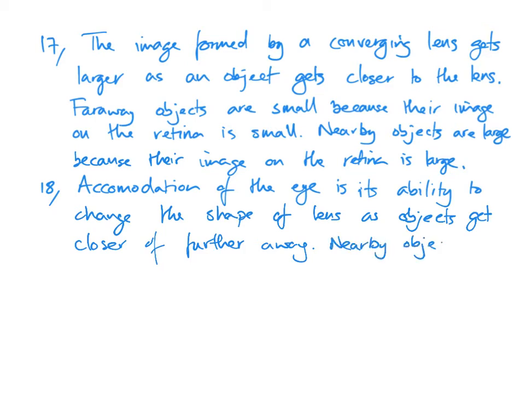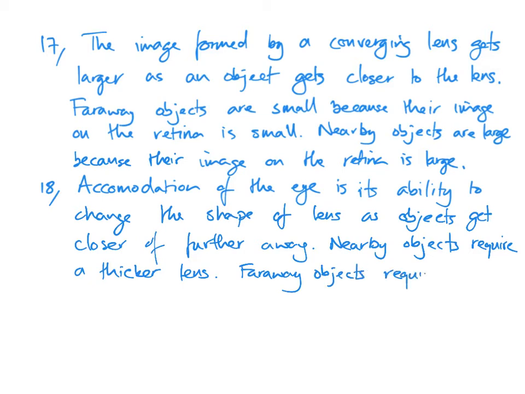Nearby objects, right, we just found in the experiment, require a thicker or more powerful lens. And faraway objects need a thinner lens, right, less powerful.